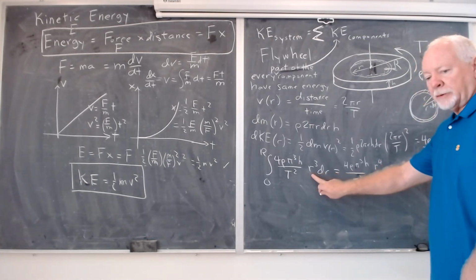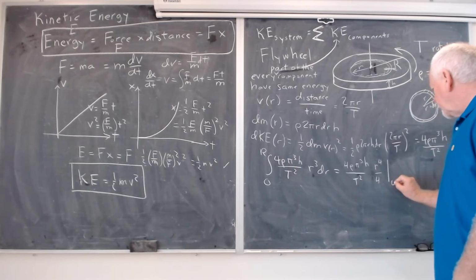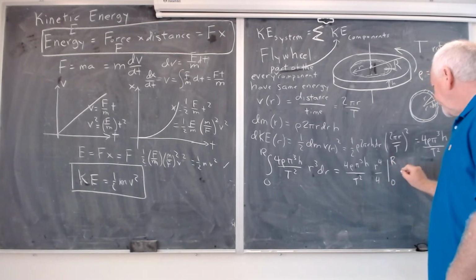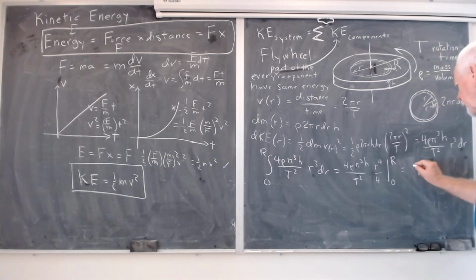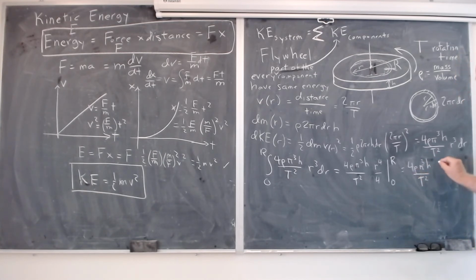That's the integral of r cubed between 0 and R. So that's 4 rho pi cubed h over t squared times R to the 4th, and the 4 cancels out.